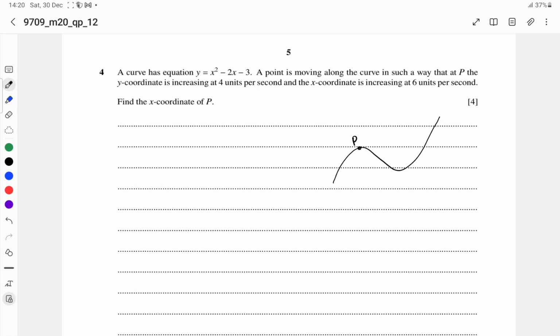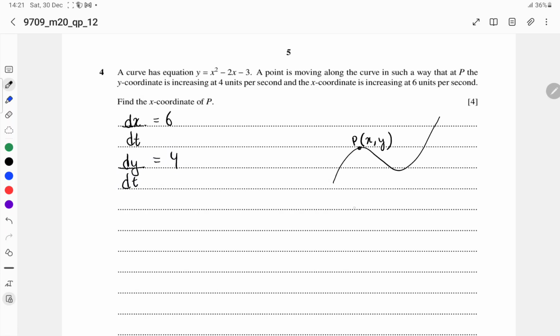So what information do we have? Let's say that the points are x and y. What has been given is the rate of increase of x with respect to time is 6 units per second, and the rate of increase of y with respect to time is 4 units per second, right?